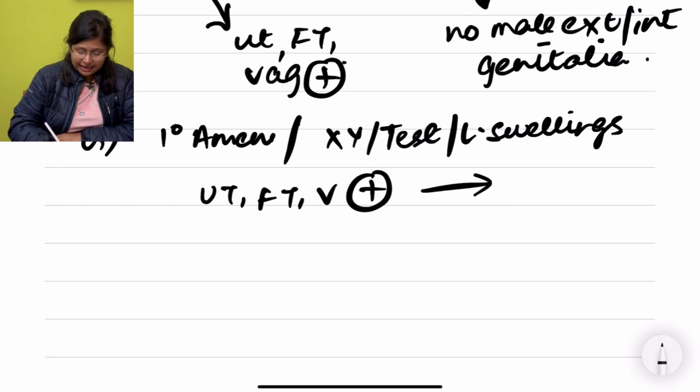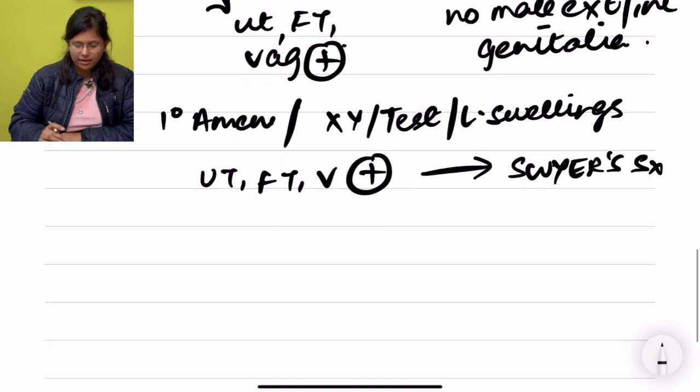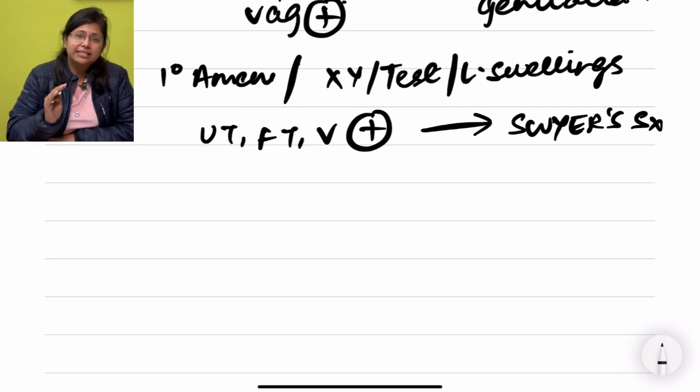So this will mean it is Swyer syndrome. And what do we do in Swyer syndrome? Typically this child is being raised as a female. Her internal genitalia, barring the testes, is also female. So usually they prefer to spend the rest of their life identifying as a female.